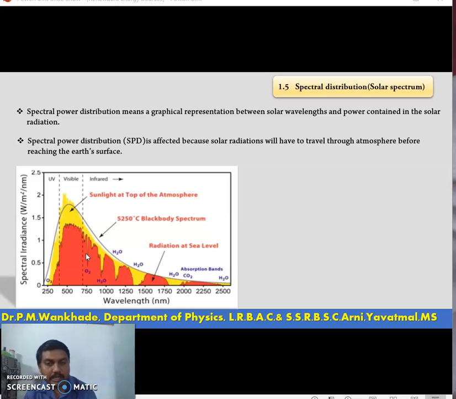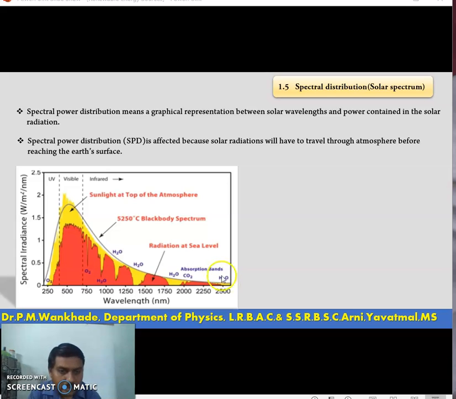As the graph indicates, in ultraviolet rays, as the wavelength increases, the graph increases rapidly up to a certain wavelength in the visible region, and then decreases exponentially and comes to 0.